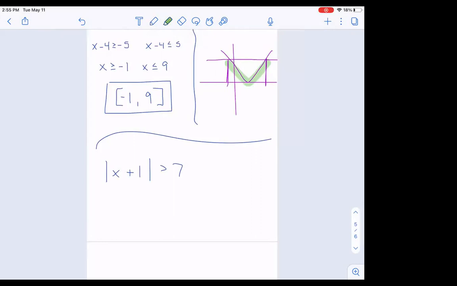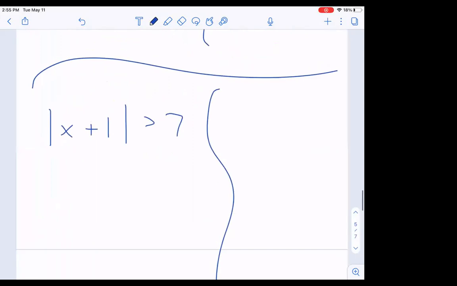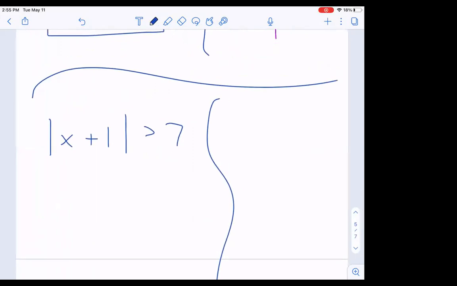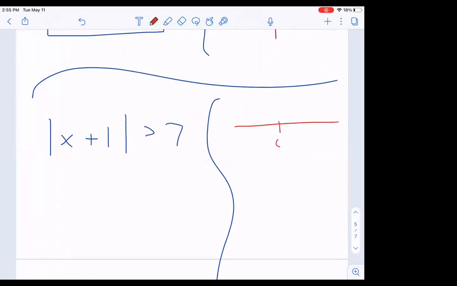So now I want this green blob to be more than 7 units away from 0. So I'll draw some stuff over here that you don't have to draw, but if we had a number line, here's 0, here's 7 units to the right, and here's 7 units to the left.